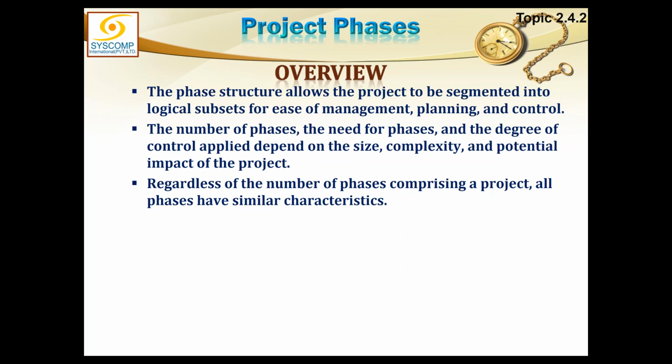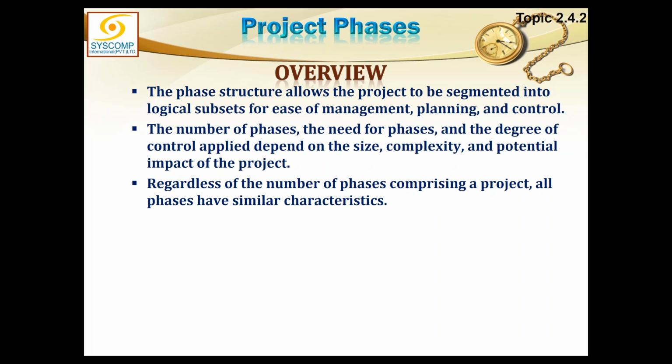So we have broken our work into shorter capsules, and now it is easier to manage, plan and control. The number of phases, the need for phases, and the degree of control applied depend on the size, complexity, and the potential impact of the project. Naturally, you are from different industries and countries and projects.